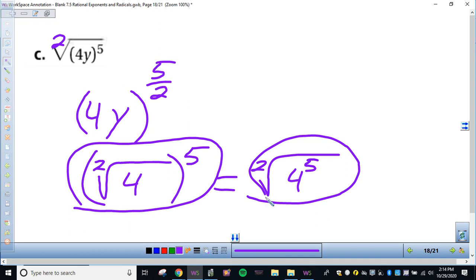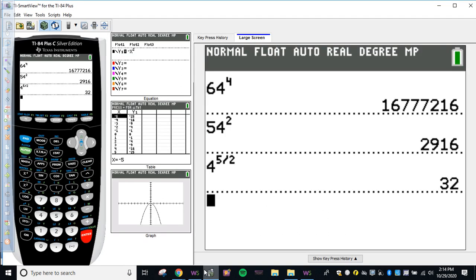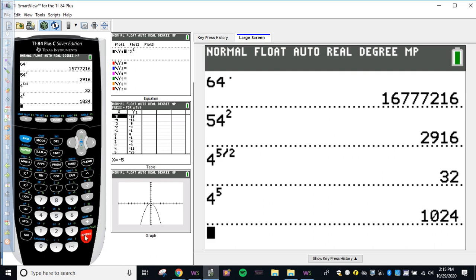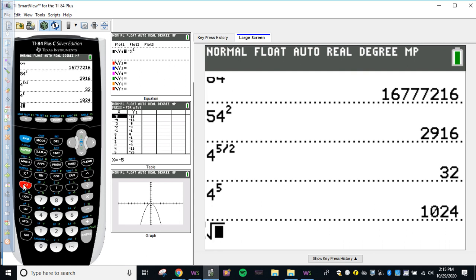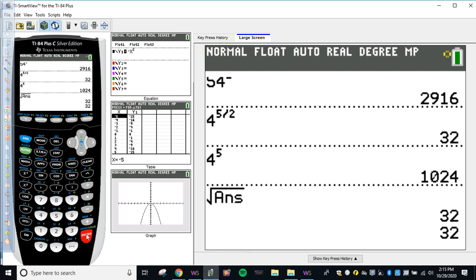So I just want to show you this way on the calculator too. So we go 4 to the 5th power, which is that big number, 1024. But we can take the square root of that. So I hit second x squared in the calculator, and then second negative, which means I'll take this answer, 1024, and plug it in there, and you still get 32.